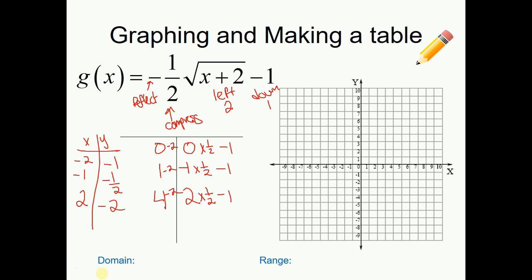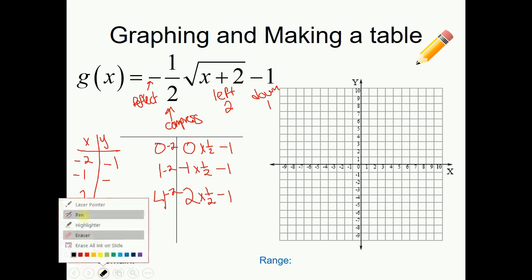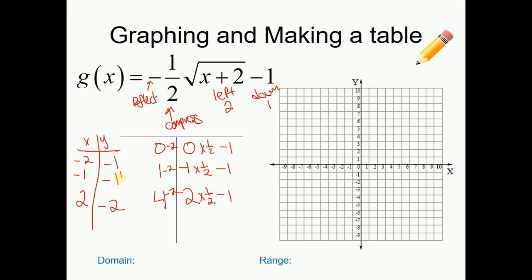Oh, I messed up. Because -1 times a half, that's -1/2. And then I subtract 1, that's -1.5. My bad. So -2, -1, -1, -1.5. And then 2, -2.